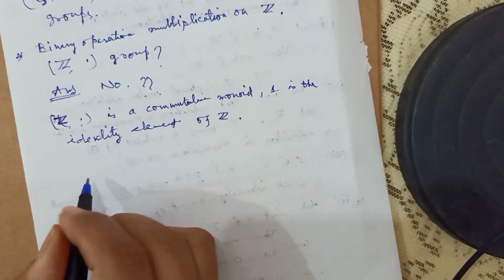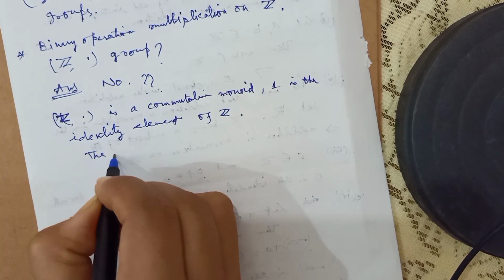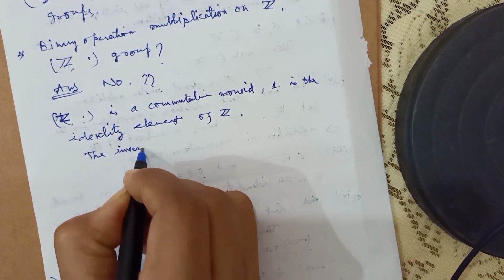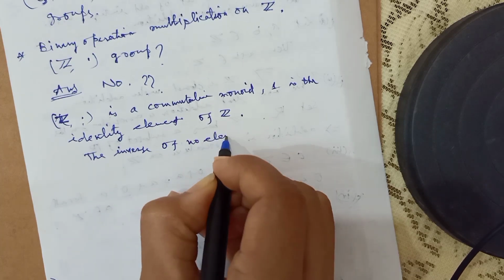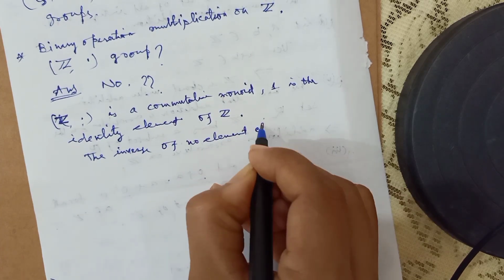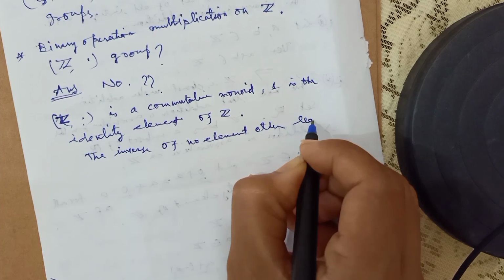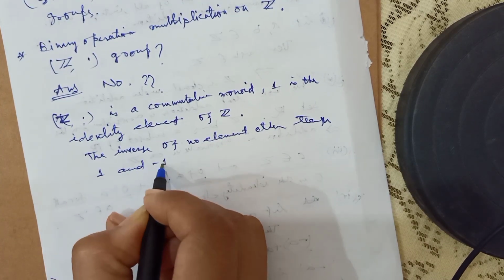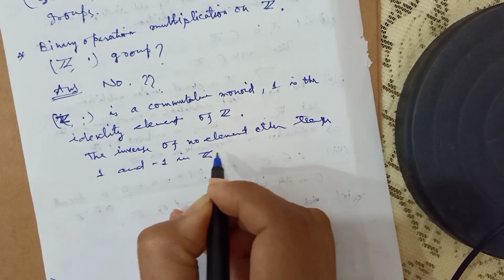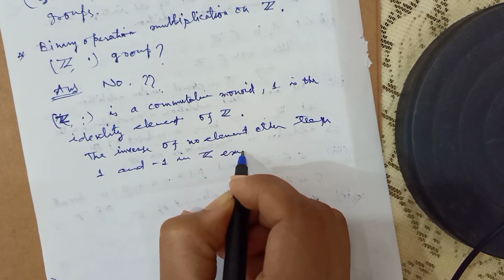But the inverse of no element other than 1 and -1 in Z exists.